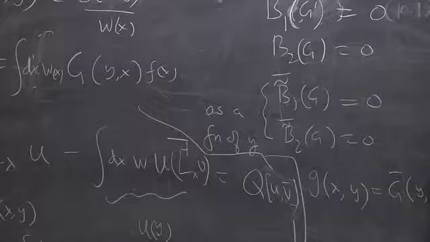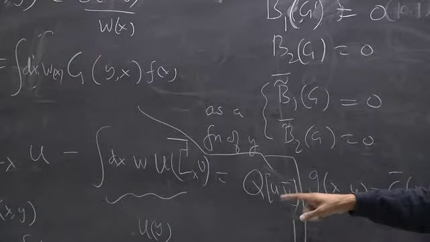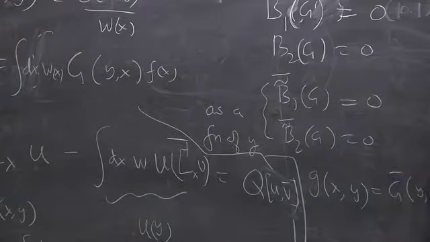So what was the Q? Q was linear in U and antilinear in V. So Q involved generically terms like this.